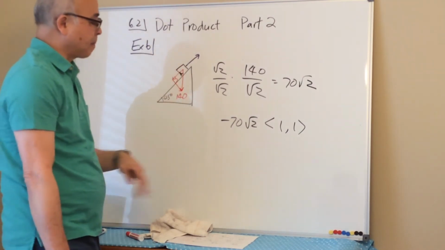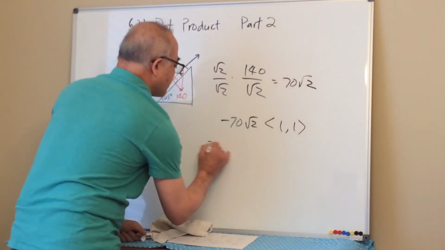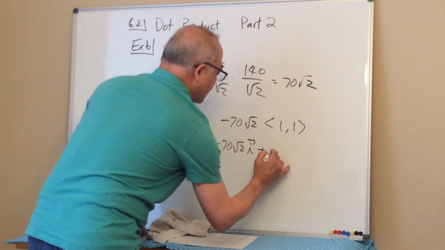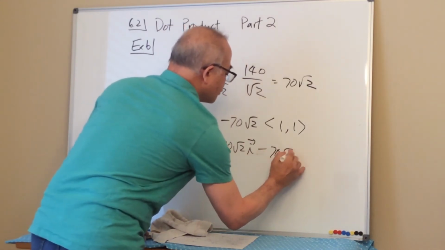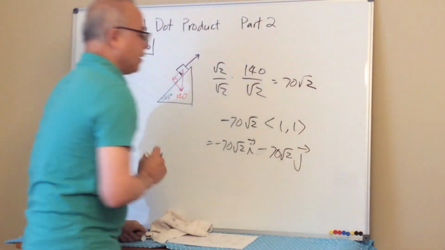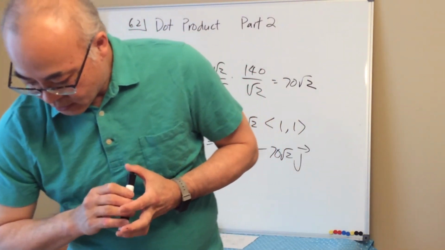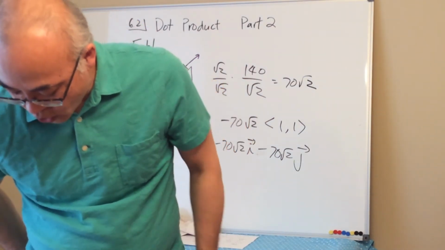If the book did it in standard vectors, it's going to be negative 70 i plus negative 70 root 2 j. Okay? So that's that.